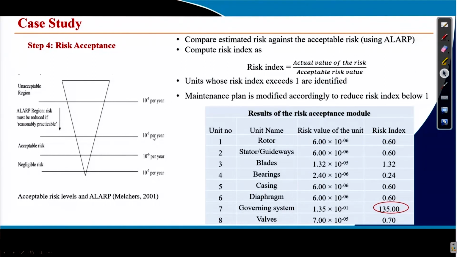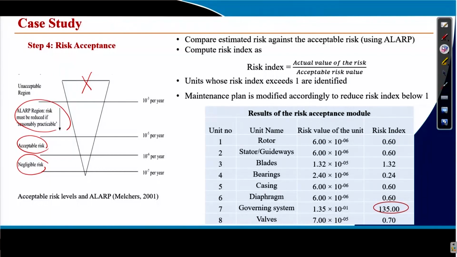If it is 10 to the power minus 5 to 10 to the power minus 3, this is known as the ALARP region, risk must be reduced if reasonably practicable. If it is 10 to the minus 6 to 10 to the power minus 5 per year, then it is acceptable risk, and if it is 10 to the minus 7 to 10 to the power minus 6, this is basically negligible risk. So Melchers has given negligible risk, acceptable, ALARP region, and obviously unacceptable.